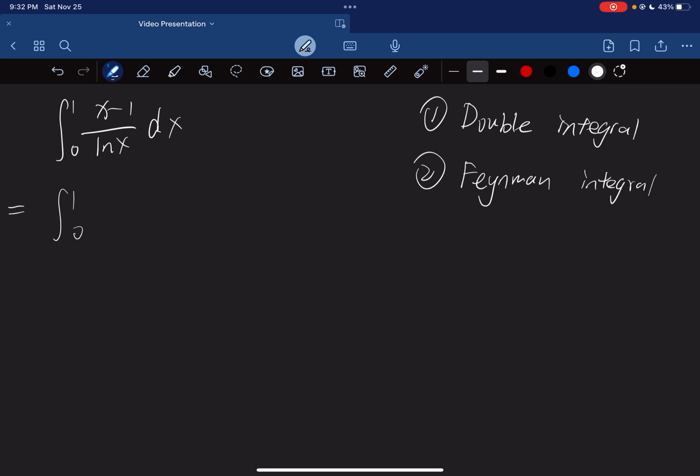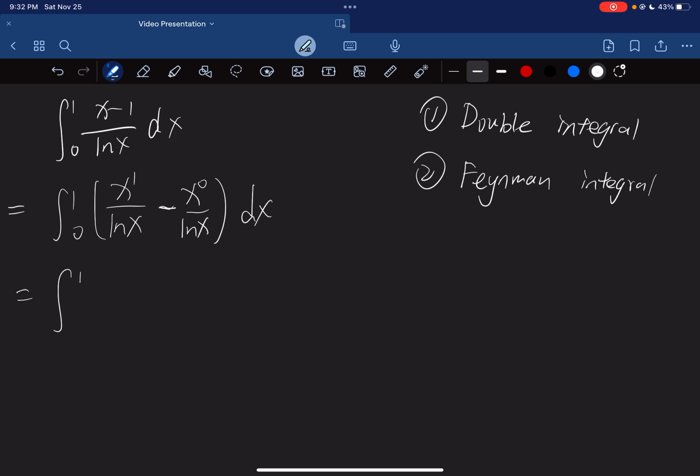So first, we rewrite this equation as x power 1 minus x power 0, over ln x, times dx, right? So let's look at the equation.